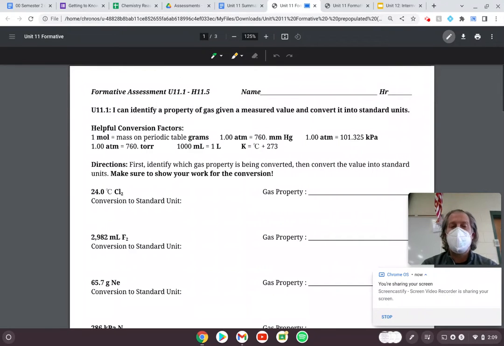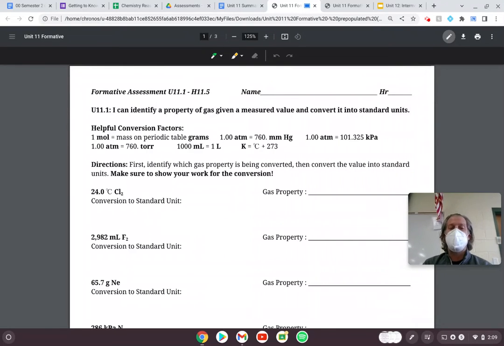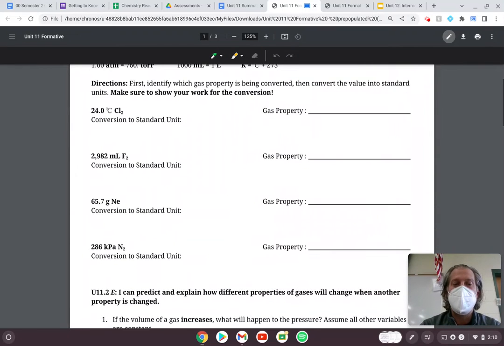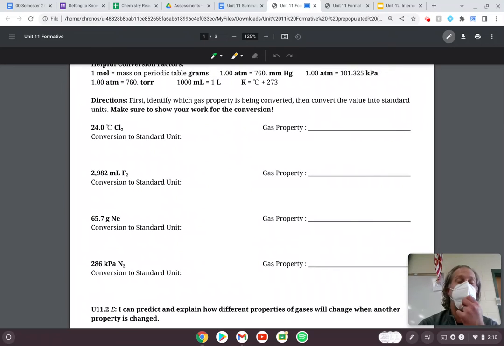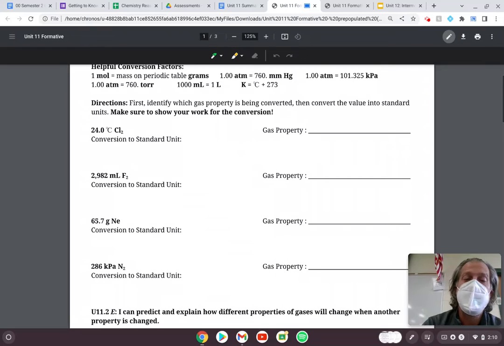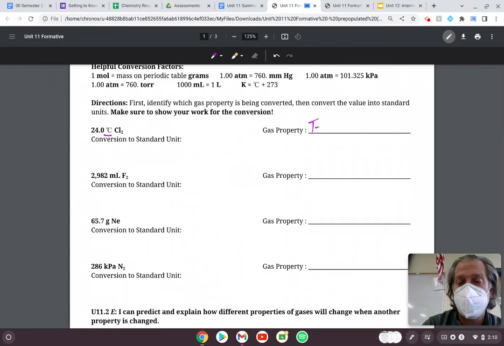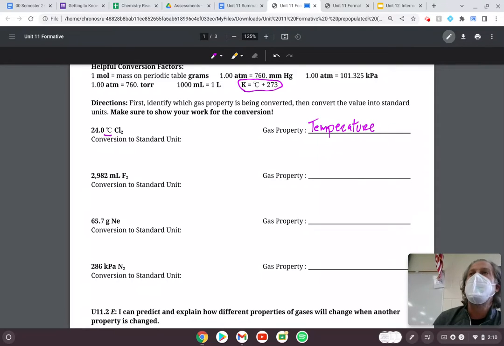Okay, so for your Unit 11 practice quiz, the very first part asks you to identify the gas property of these four quantities and then asks you to do some converting to the standard unit. In the case of the first one, I see degrees Celsius, which tells me that we're talking about temperature. If I look up here at my helpful conversion factors, I see the formula for converting to the standard unit, which is Kelvin.